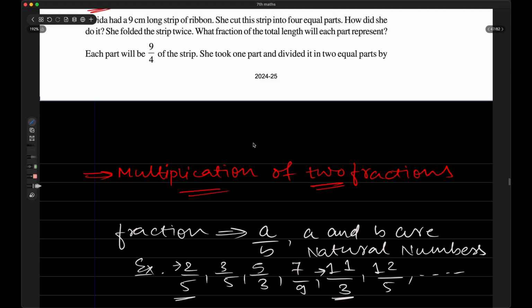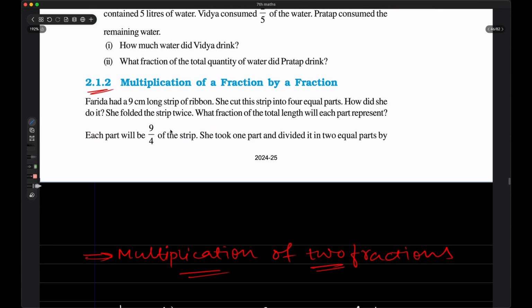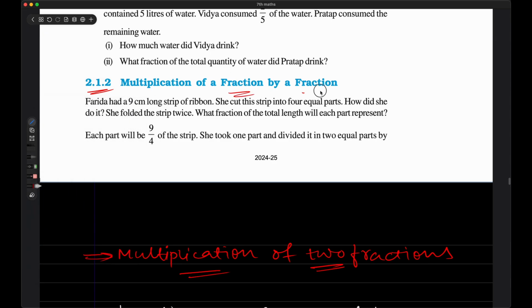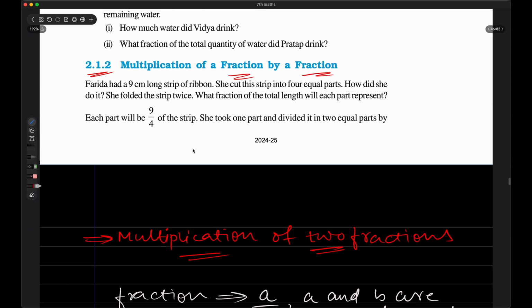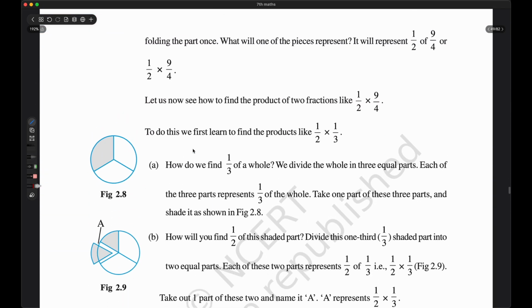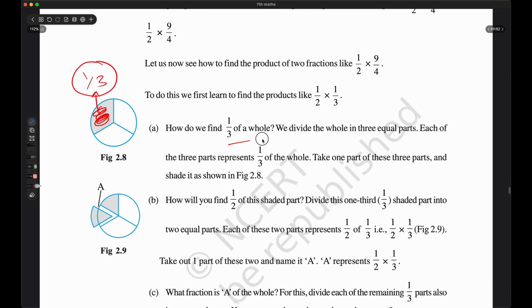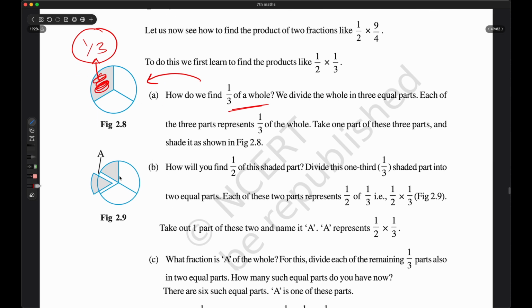Now let us check the theory, multiplication of fraction by fraction. They have taken one circle, divided it into three parts, and taken 1 by 3 of the circle.